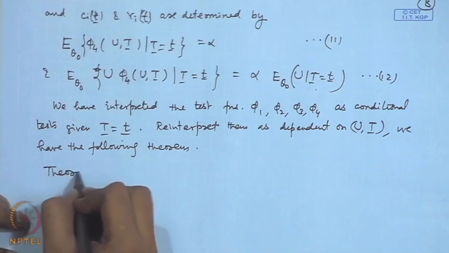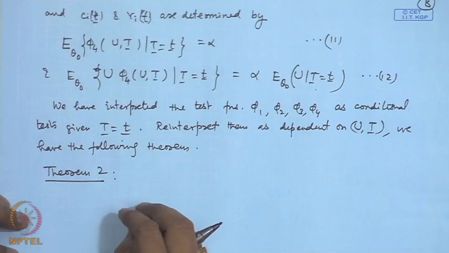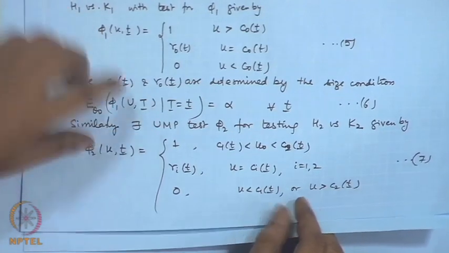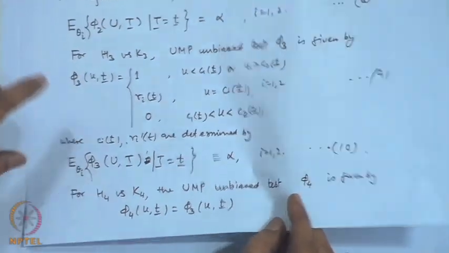So, I will call it theorem 2, say. This is regarding the UMP test here. Note here one point. I have given the test functions phi 1 and phi 2, the conditional tests, as UMP, and phi 3 and phi 4 as UMP unbiased.